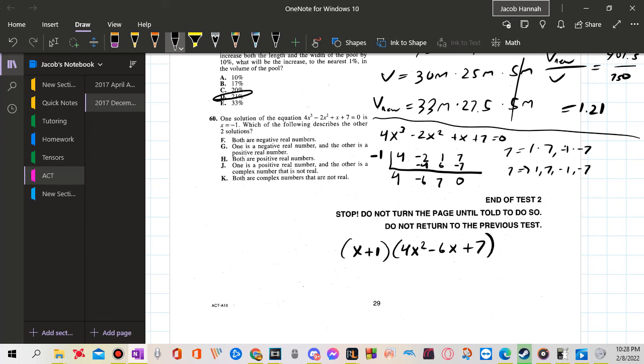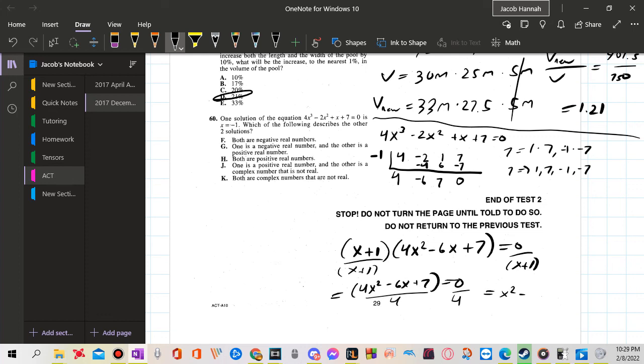So let's find the other factors. Let's let them equal 0. So now that we know this, we can divide both sides by it, since 0 divided by anything other than 0 is going to be 0. So that's what we got. Let's divide both sides by 4.